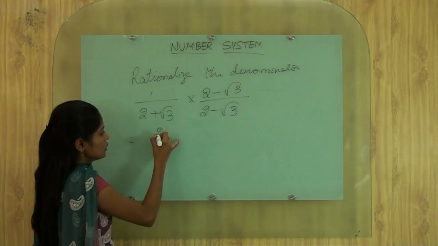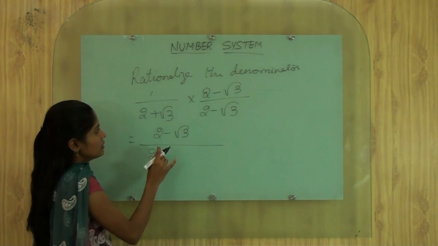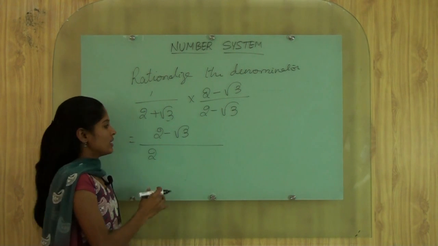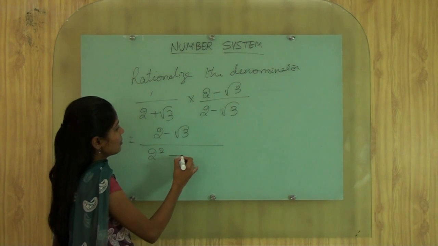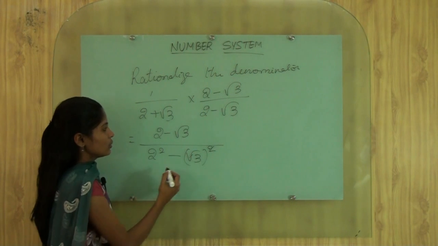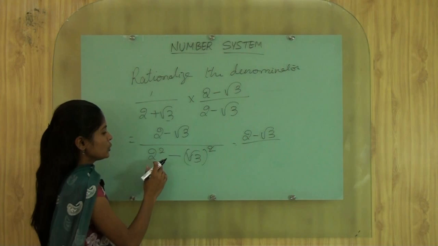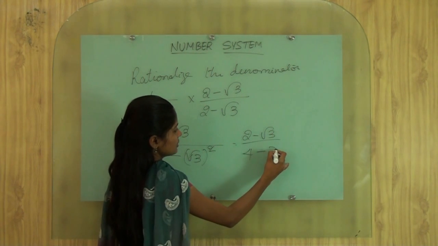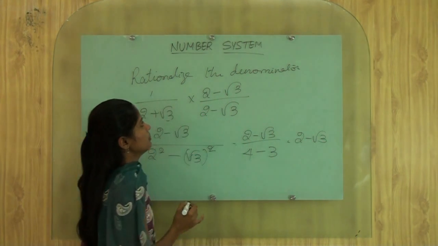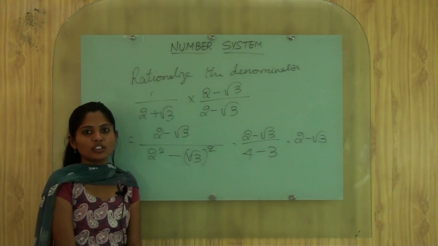So we will get the value 2 minus root 3 by, this is a plus b into a minus b, which is a square minus b square. A square, that is 2 square minus root 3 whole square. 2 and root will get cancelled. The value is 2 minus root 3 by 4 minus 3, which is 1. So the answer is 2 minus root 3. This is how you rationalize the denominator. This is the end of your chapter. Thank you.